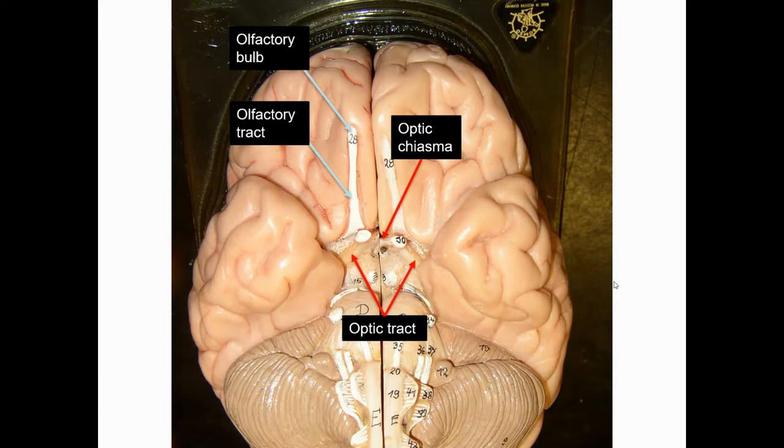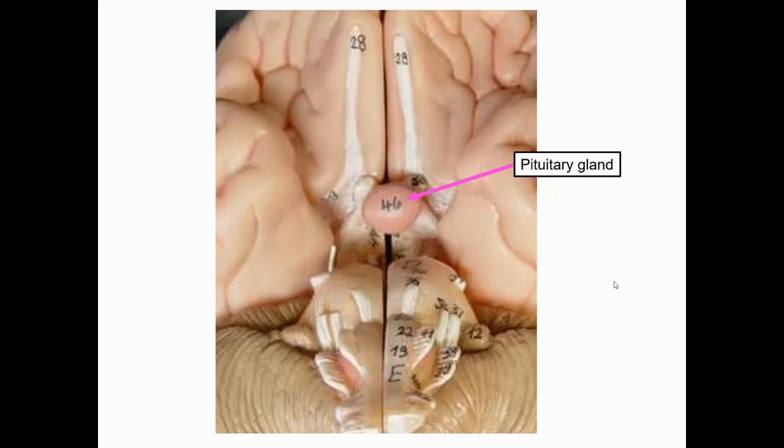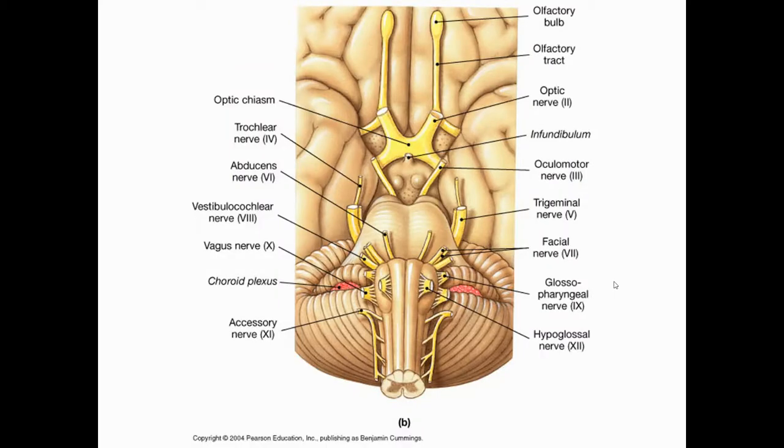And then they split apart again into the optic tracts. Again, that is obscured by the pituitary gland. So if you look here in this picture, you can see the olfactory bulb, olfactory tract, the optic nerve, optic chiasma, and even though they don't have it labeled, the optic tracts.